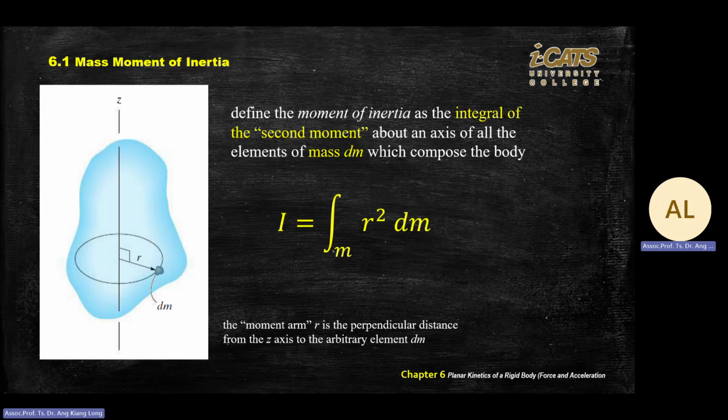Moment from the reference point O here, like what I draw on the smart board here. This will be the moment generated by the force, the red arrow force here, about the reference point. This is the concept of moment.